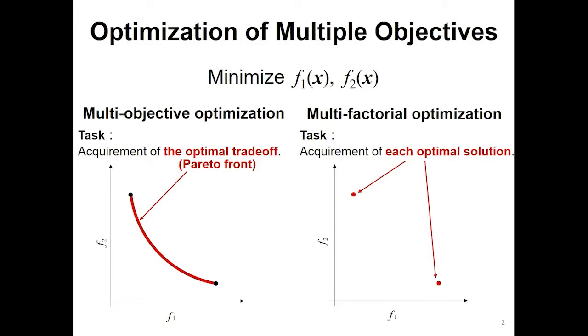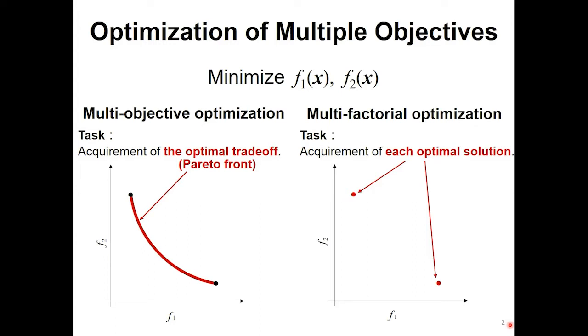This work treats optimization problems with multiple objectives. Optimization problems with multiple objective functions can be divided into two types. One is multi-objective optimization and the other is multifactorial optimization. These figures are two-dimensional objective function spaces.